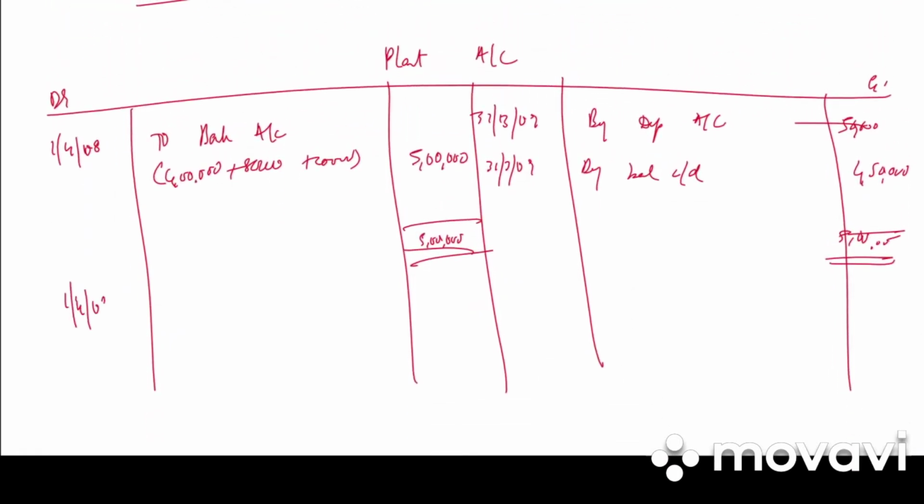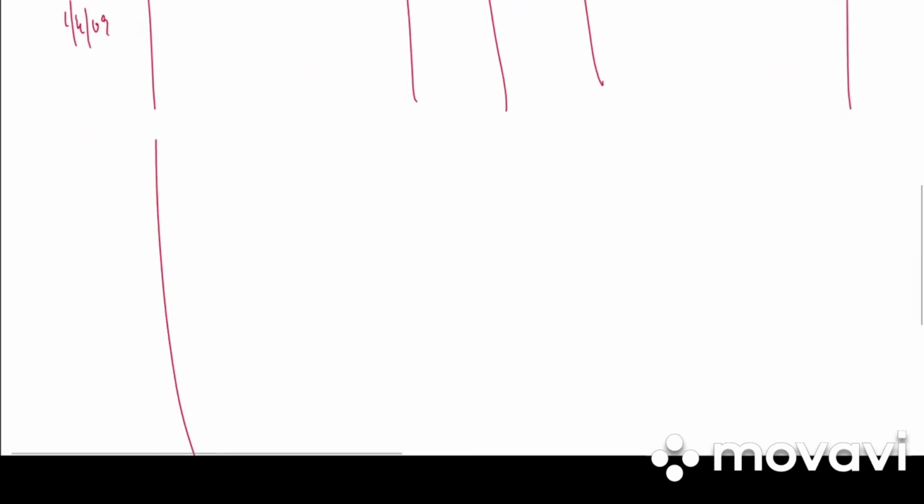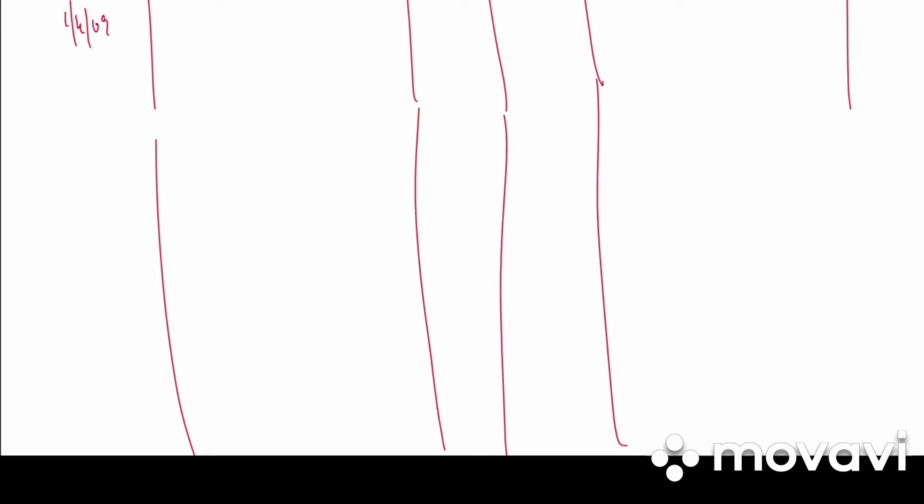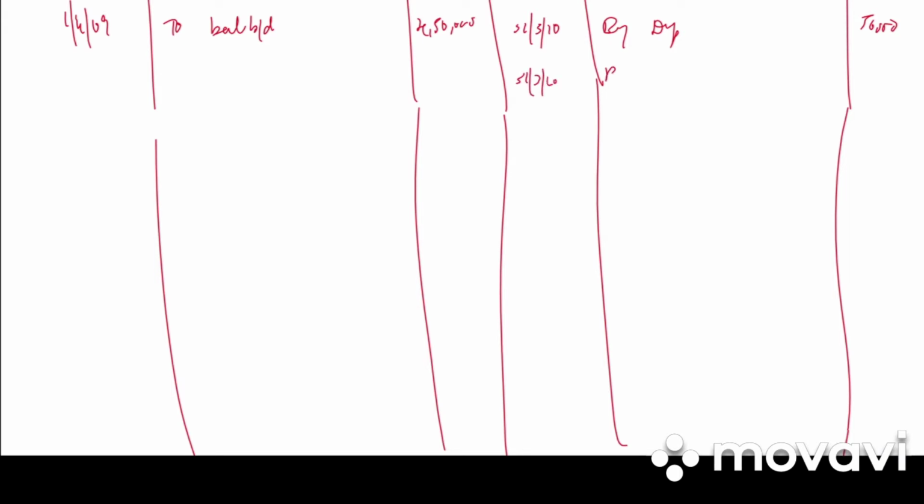Next, 1st April 2009 to balance brought down, 4 lakh 50,000. 31st March 2010 by depreciation account, 50,000, it is original cost method. 31st March 2010 by balance carried down, 4 lakh.